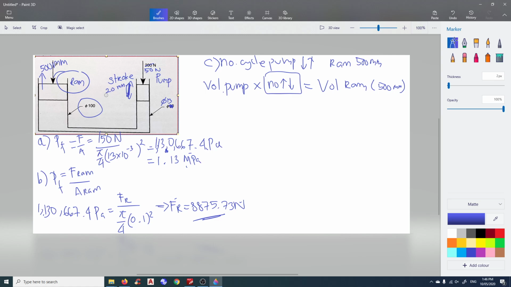In this case, the volume of the pump would be a quarter pi times 13 times 10 to the power negative 3, squared. So that's the area. The stroke is 20 mil, so that's the length, multiplied by the number of up and down strokes, equal to the volume. The ram is the same.